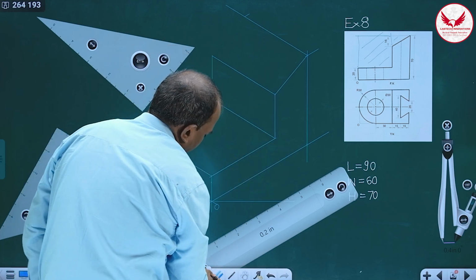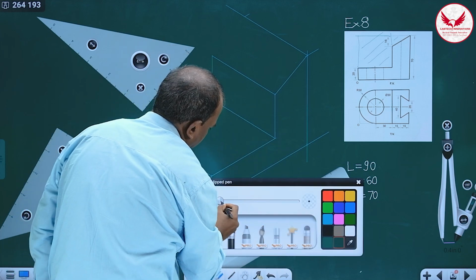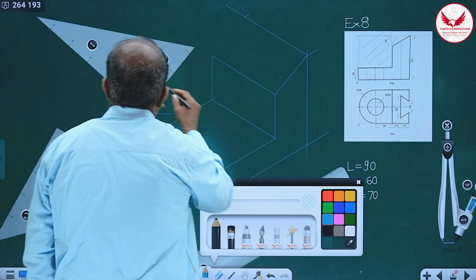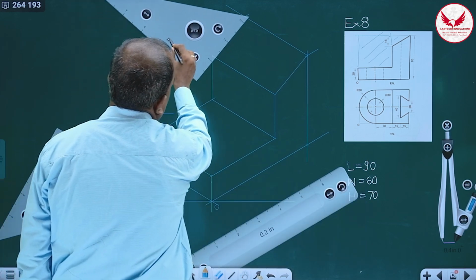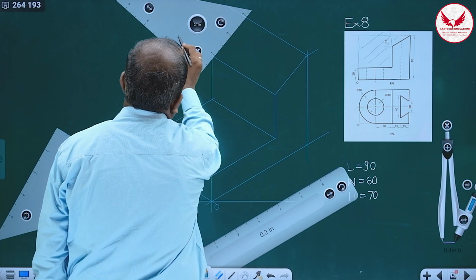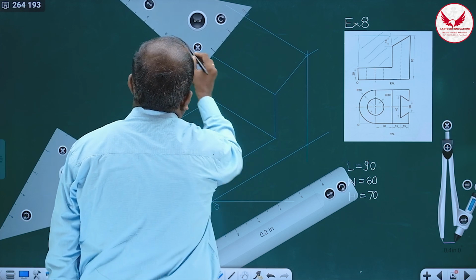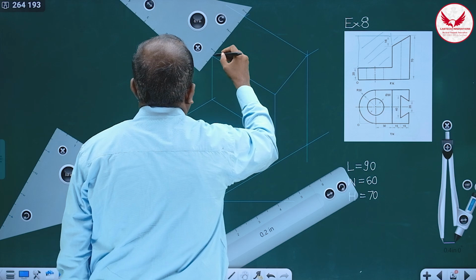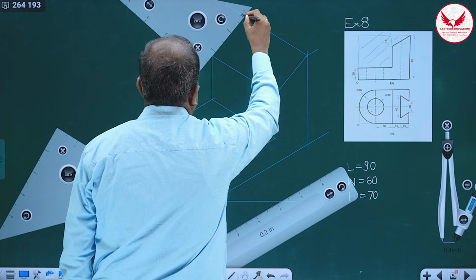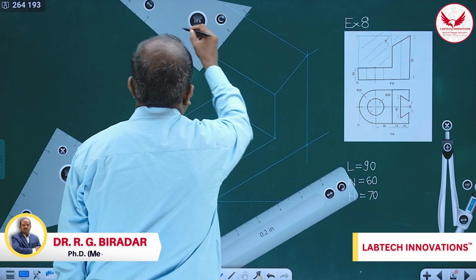And after this we have to add one line. That line is parallel to this line, like this. Perfectly it will match.